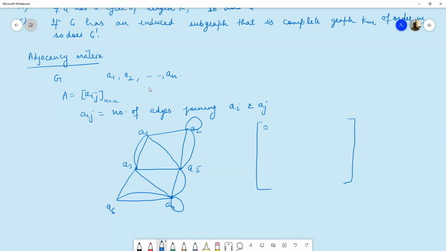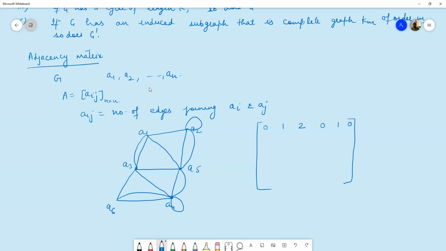Between A1 and A2 there is only one edge, so the entry will be 1. A13, A1 and A3 there are 2 different edges, so this is 2. A14, there is no edge from A1 to A4, so this is 0. A15, there is only one edge. Then A16, there is no edge, so it is 0.